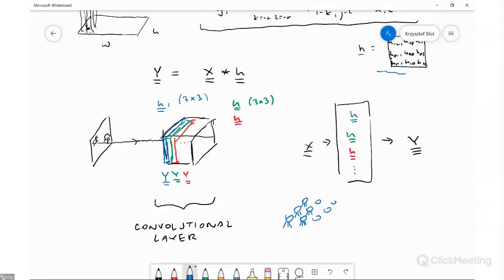So each of these neurons has exactly the same set of weights, and this is just a blue filter. And there will be another set of neurons with different weights, and they will constitute a green filter. And there will be a red filter and many other filters. So there will be more and more filters. And basically data processing will be just like in a neural network.